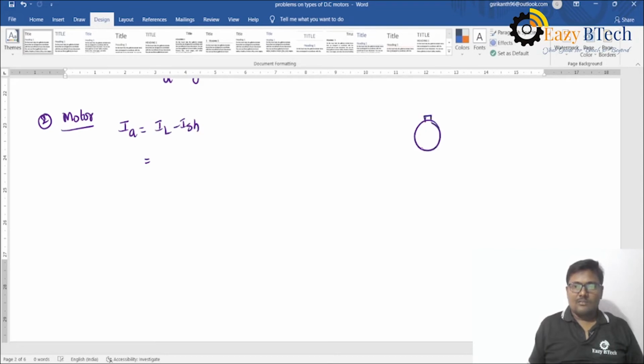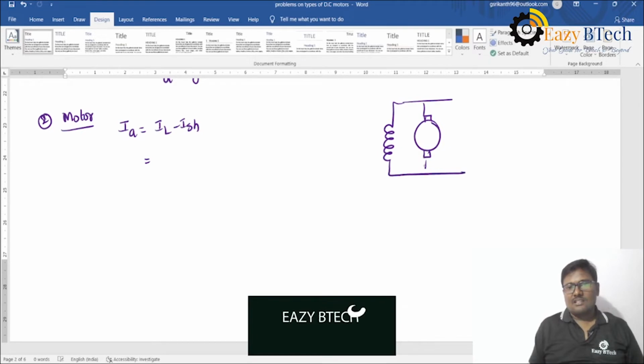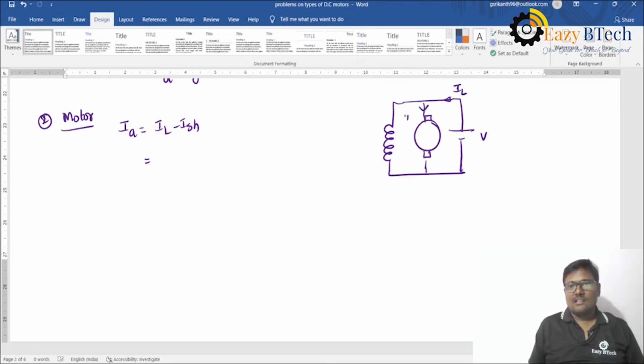So this is the shunt motor diagram. The construction is the same, but here we are applying a supply voltage. It draws a line current, IA and ISH. The input power is now 25 kilowatts. The supply voltage is 250 volts as given in the problem.